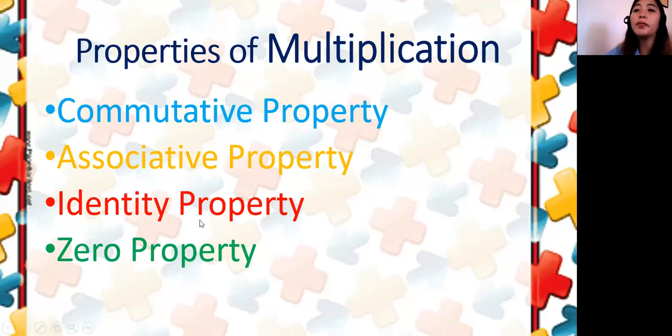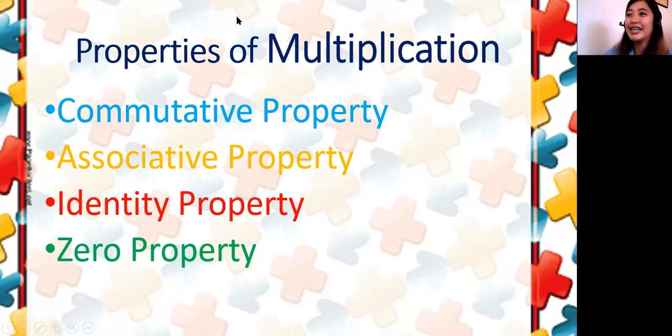So there are the 4 properties of multiplication. Once again, we have commutative property, or CPM, associative property, or APM, identity property, or IPM, and zero property, or ZPM. Is it clear to you, kids? Thumbs up if clear.